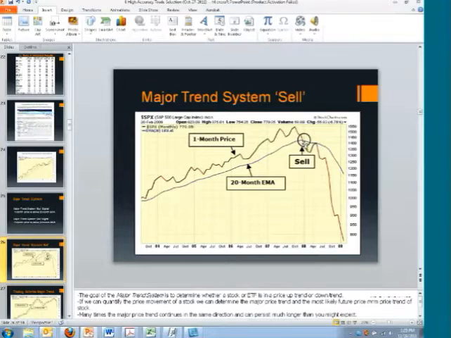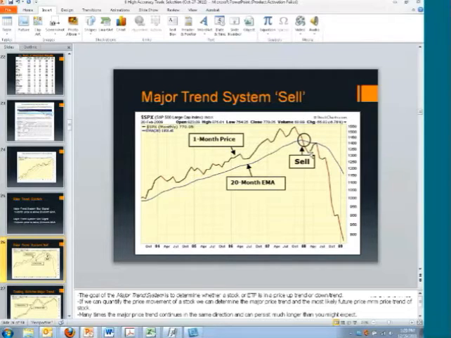And of course, exiting up here around the 1400 area in the S&P would have saved you a lot of pain when the S&P declined this sharply over this really short period of time. You can see this sharp decline. So again, if you simply follow these trend following systems, it's much better than trying to predict the future price movement of a stock or an index.